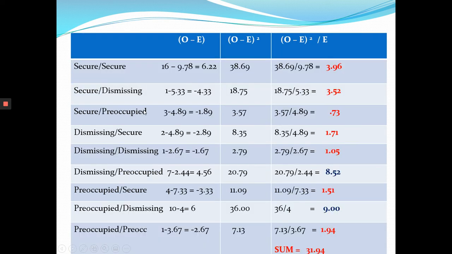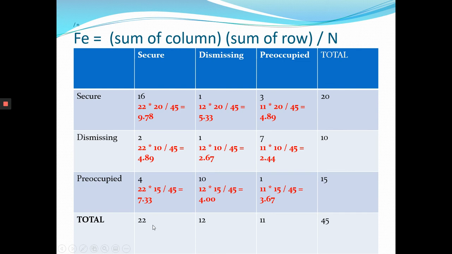Well, it's 22, because we had 22 in this column, times 20 in this row, divided by 45 total. So the expected number of couples is 9.78 in this cell.